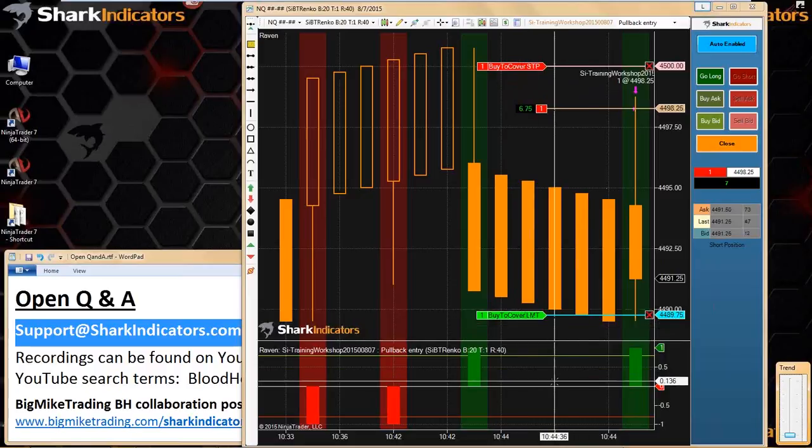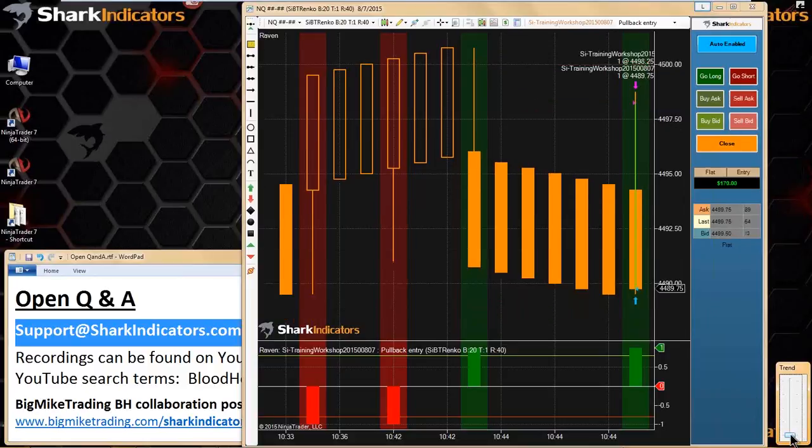Alright, let's just get this trade closed out, and then we'll add the ADX requirement to it. I'm going to disable Raven and just make sure everything's flat.